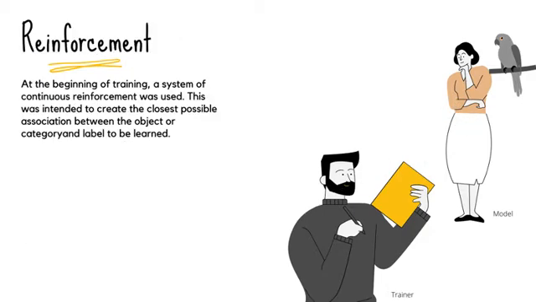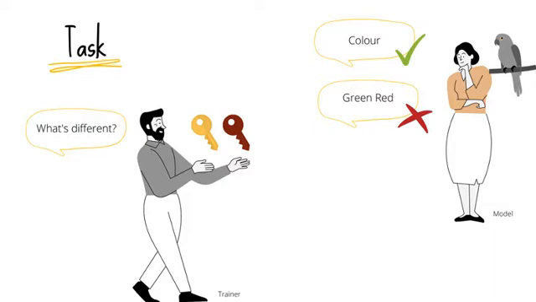Now in this study, how will they use the model rival approach? In this study, the task is basically that the trainer will give them two objects, so for example here, and he will ask what's different.